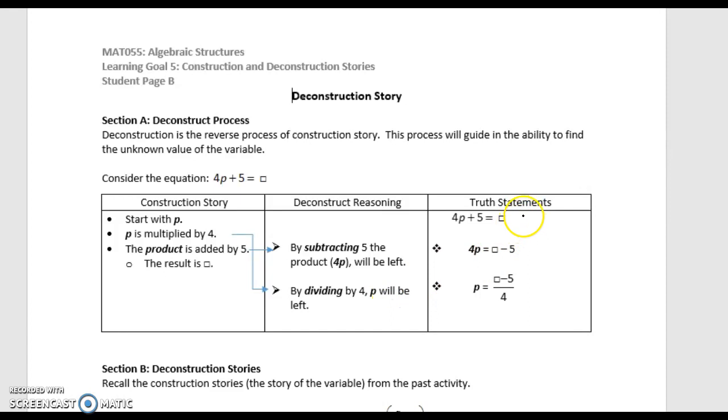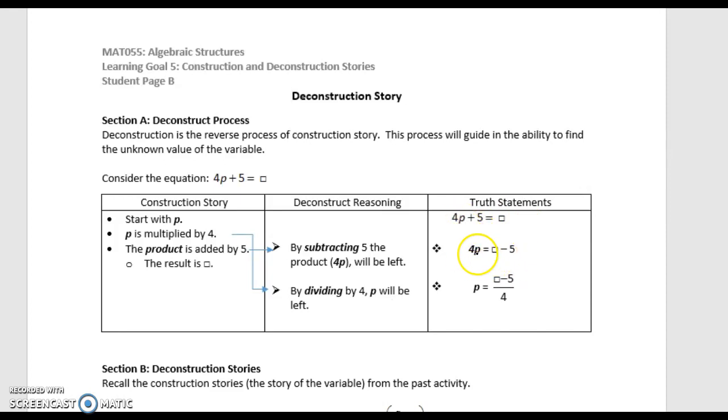If we look at what happens in terms of the truth statements, here's our equation. We know that this expression, 4p + 5, has to be equivalent to whatever the box is worth. If we subtract 5, we know that the 4p is what's left, and the right side must be equivalent to the box minus 5.